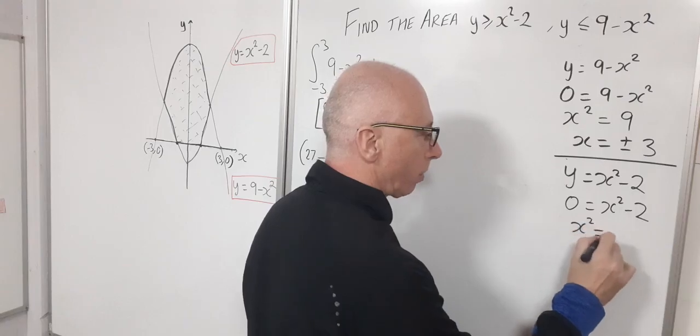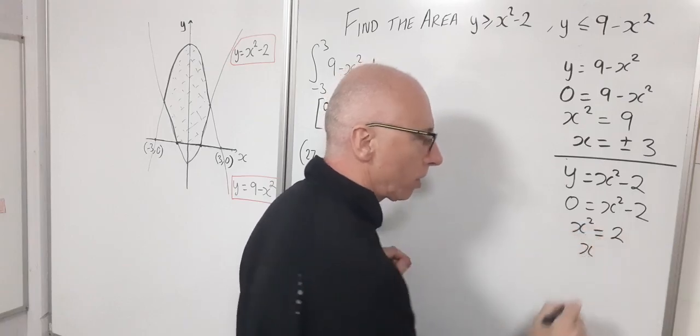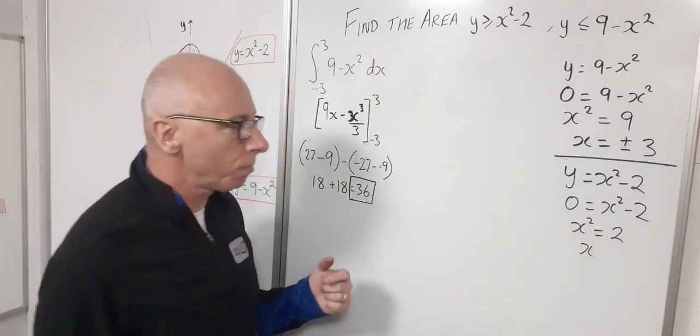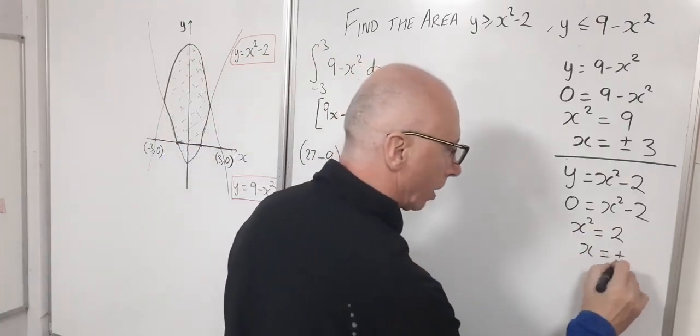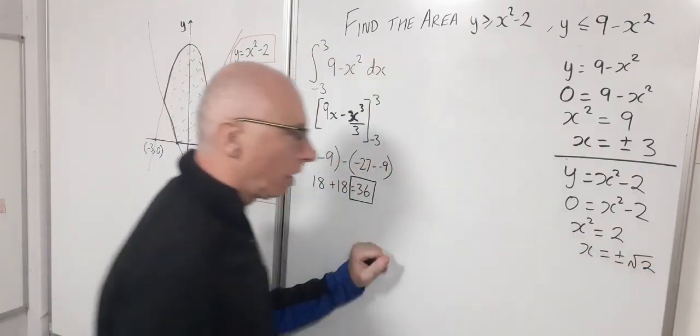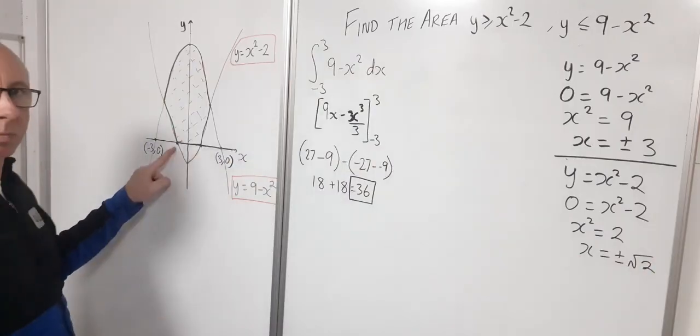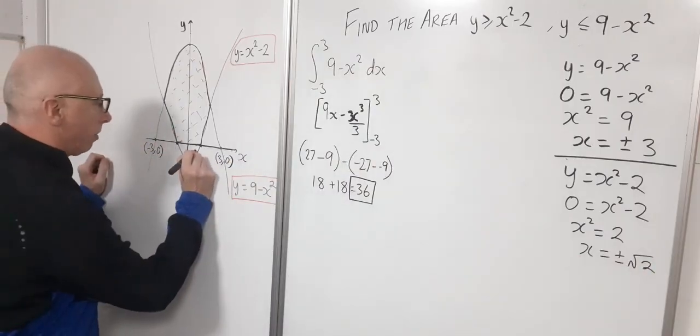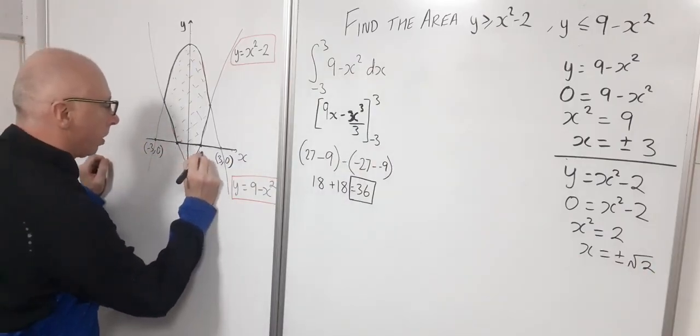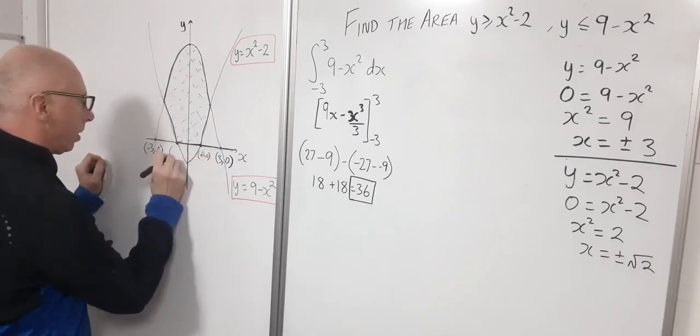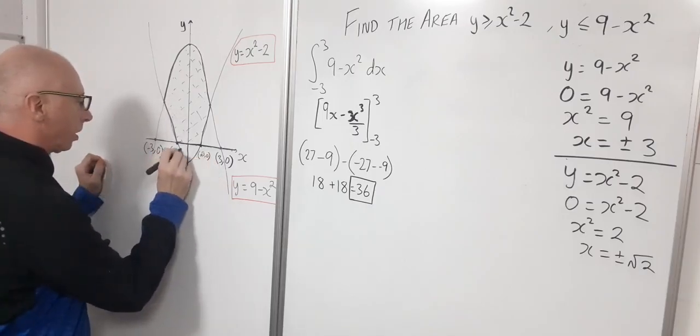So then I've got x squared equals 2. Take the square root on both sides. I'll have plus or minus root 2. Okay, so now that's going to be those points there. So I've got square root of 2 comma 0, and this one minus root 2 comma 0.